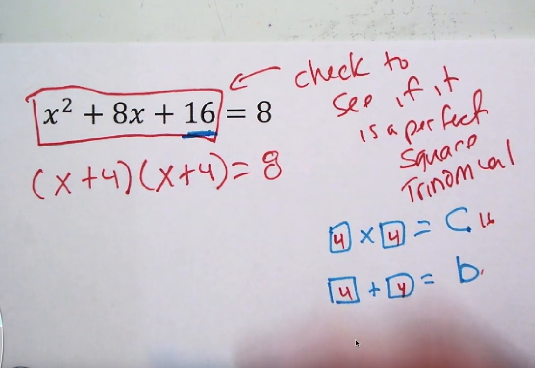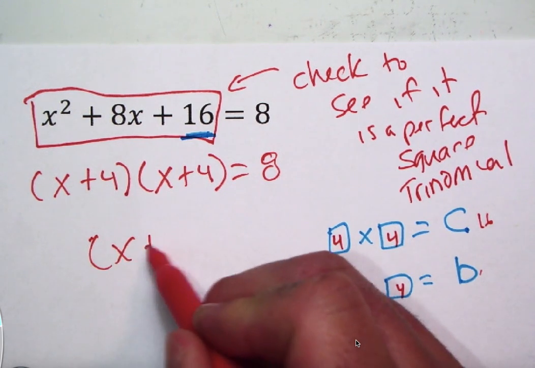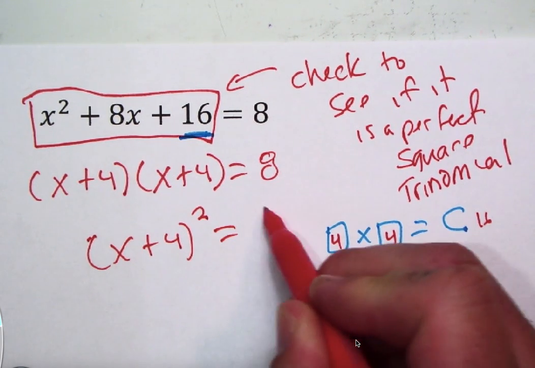And then if you ever have anything times itself, you can write it as anything squared.